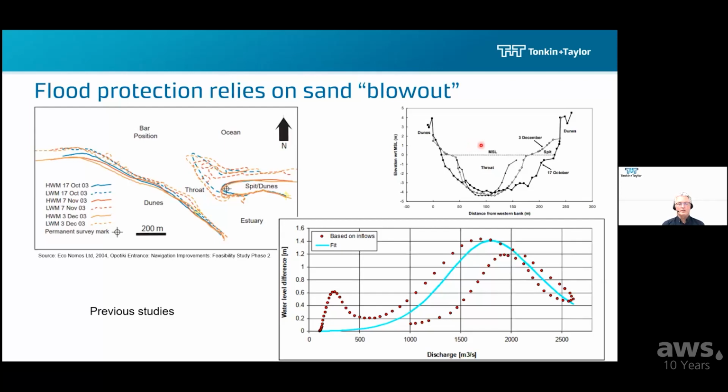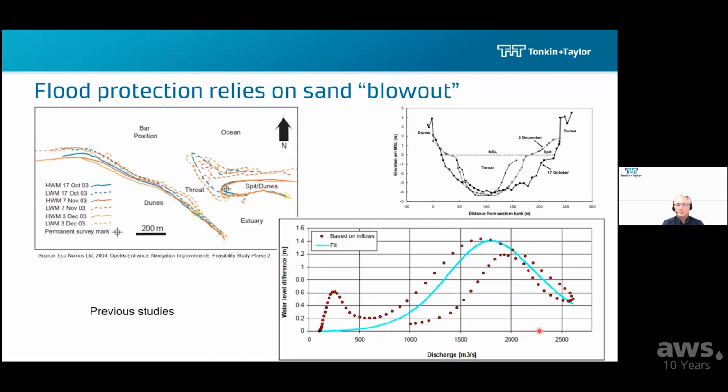That required a downstream boundary condition, and this is the figure on the bottom right here, which shows how, as discharge increases, the driving head, or the water level difference in that estuarine bar, increases up to a point when you get to about 1700 cumecs, and then you actually see the water level difference fall even though discharge increases.